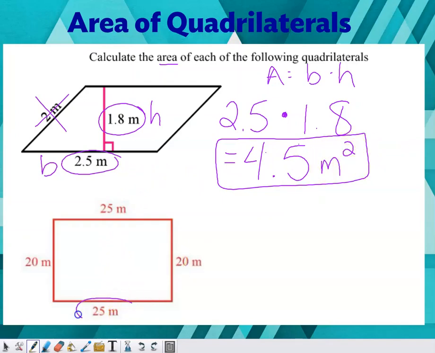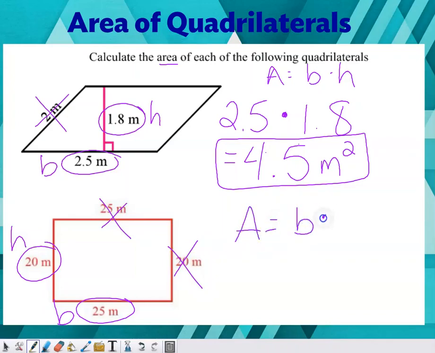Same deal, we do base, which is the bottom, times the height, which is that straight up and down side. We don't need these, they are extra. Remember, area is base times height. We take the base, which is 25, times the height, which is 20.